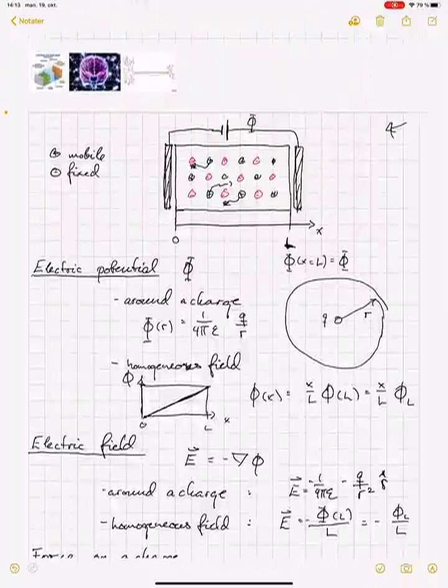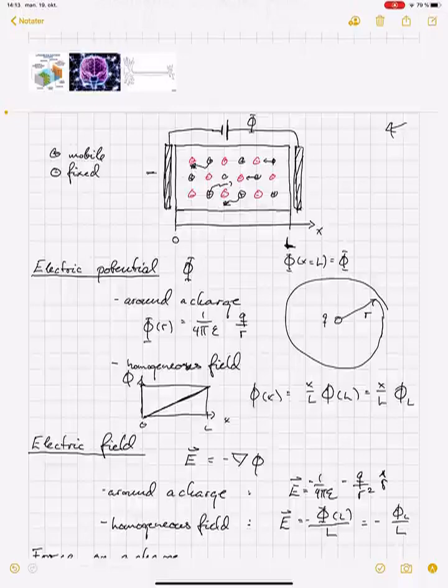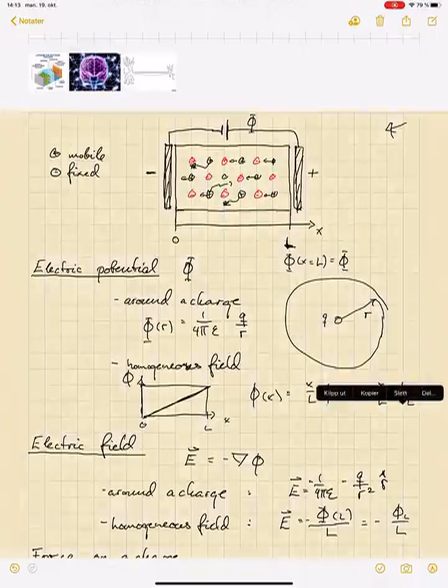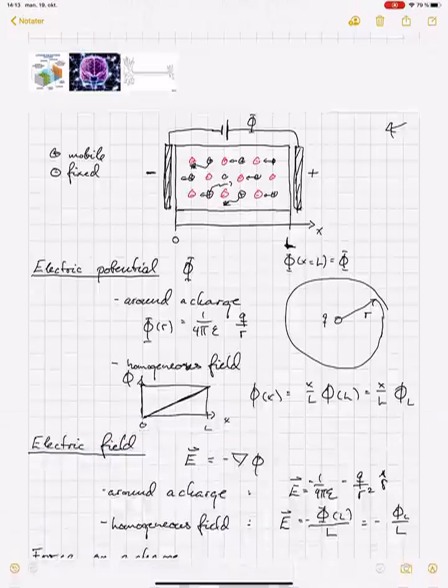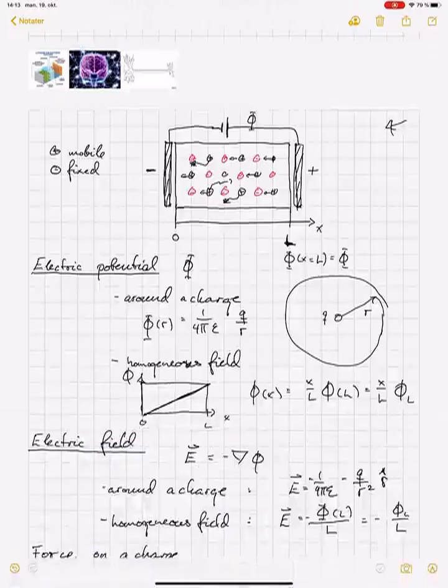So this means that once we turn on the field, if we put a minus here and a plus there, all the positive ions will feel a force to the left, and all the negative ions will feel a force to the right, but the negative ions are stuck. So it means that all the positive ions will start moving.